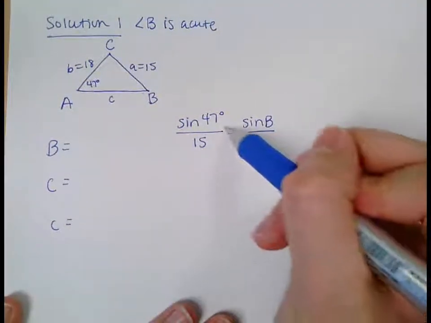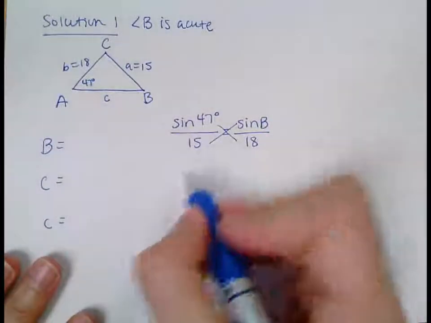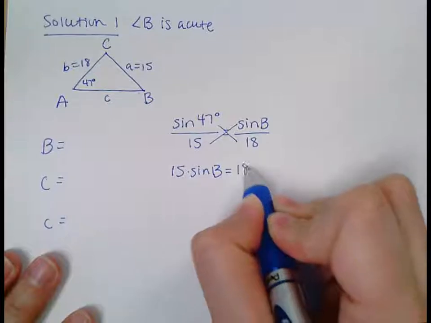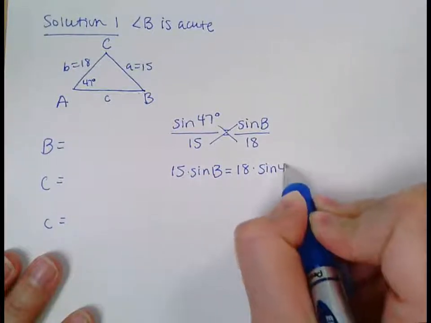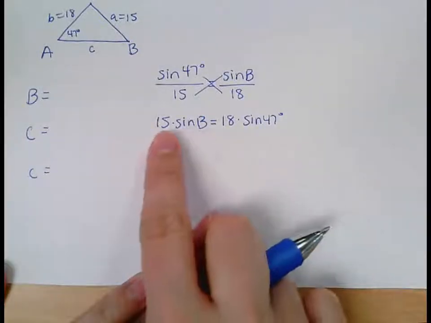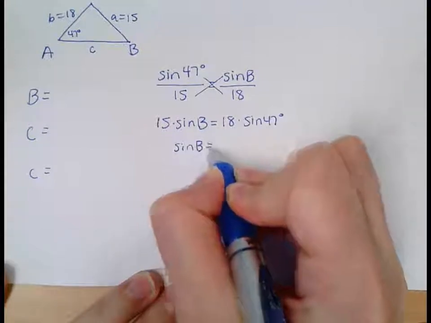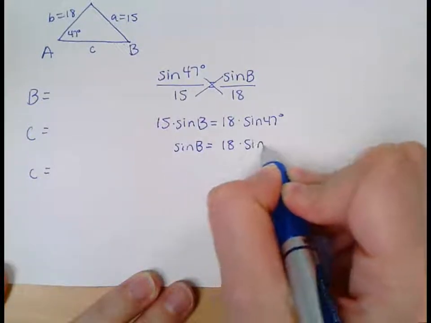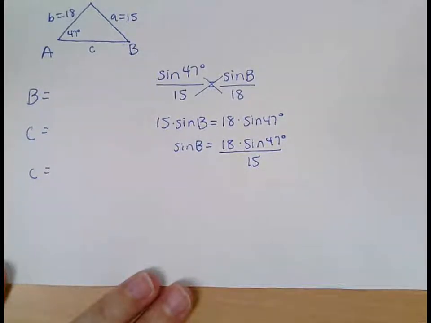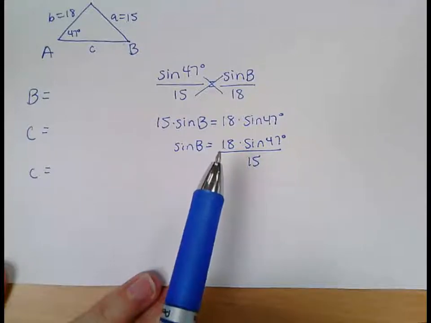And we're solving for angle B just like we solved for angle P in the previous example. So with cross products here, we'd have 15 times sine of angle B is equal to 18 times sine of 47 degrees. Trying to solve for angle B, we would divide each side by 15. So sine of angle B is 18 times sine of 47 degrees, all divided by 15. And then to find the angle, we take the inverse sine of each side.